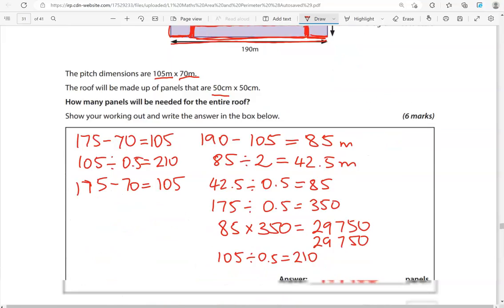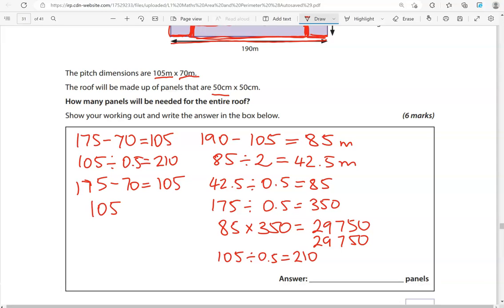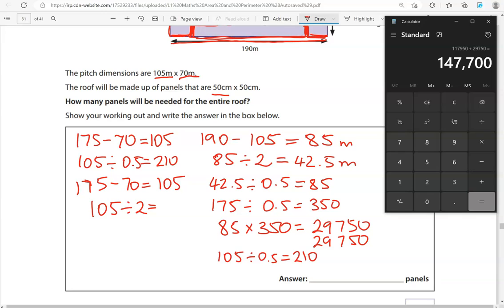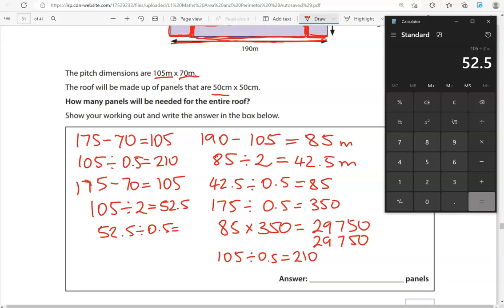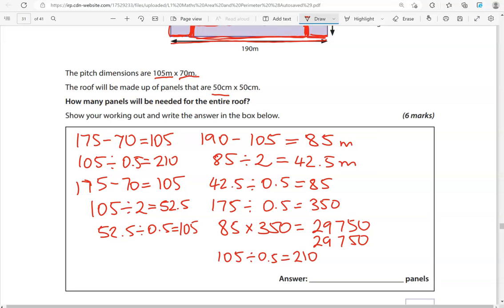So we're going to halve this. 105 divided by 2 gives us 52.5. So 52.5 now divided by 0.5, which is the length of each panel. And that is 105. So 105 along the width and 210 along the length.